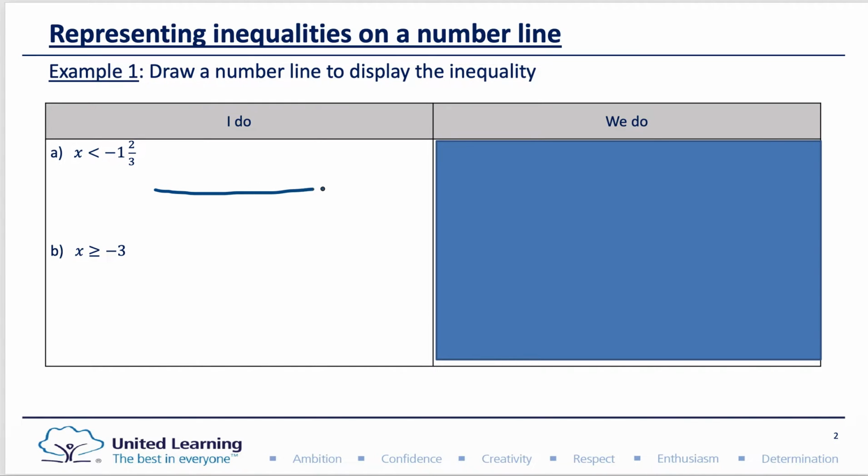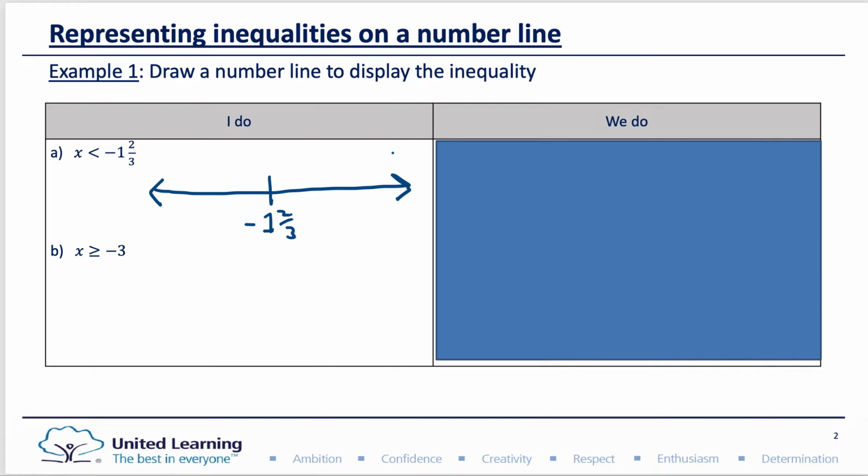The first thing I always do when I draw a number line is put the value we've been given somewhere towards the middle, so that you can see values that are bigger and smaller than it. So if I put negative 1 2/3 here, because I've been given 2/3 as the fraction, I'm going to go in increments of thirds.